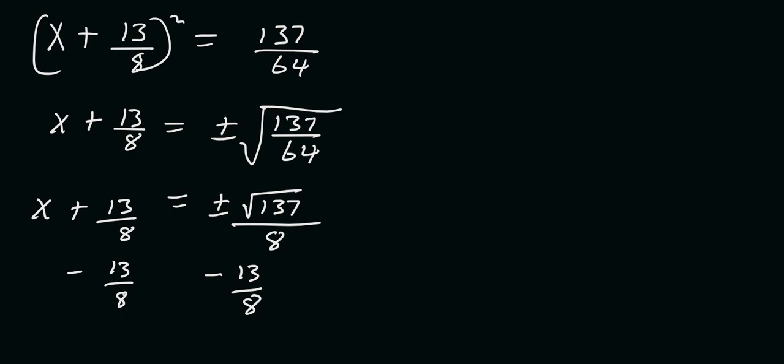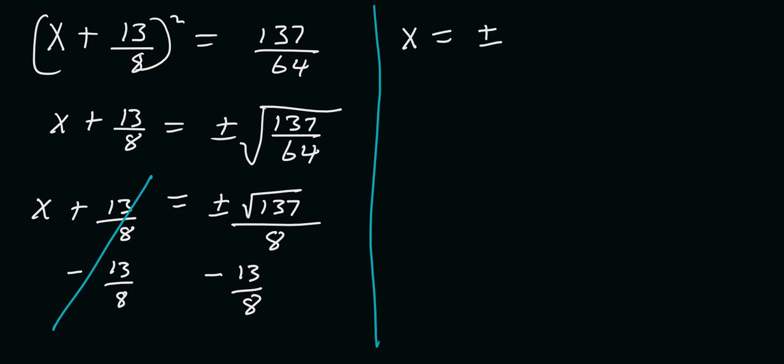So automatically this will cancel out, and we now have just x on the left side. So x is now equal to plus or minus the square root of 137 over 8 and negative 13 over 8.